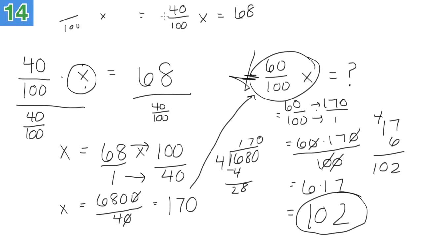So what we can do here is, if you understand fractions on a very deep level, then you can figure out how to turn 40 over 100 into 60 over 100. And if I just show you, it would be by multiplying by 60 over 40. And remember, anything you do to one side, you must do to both sides.